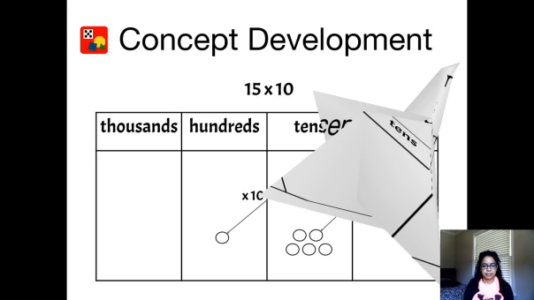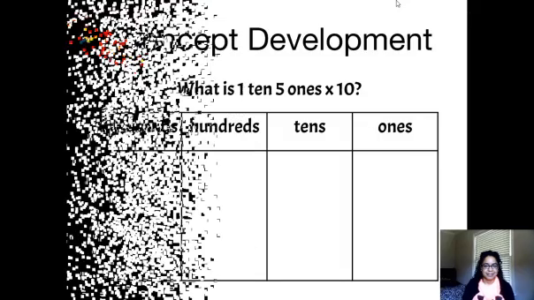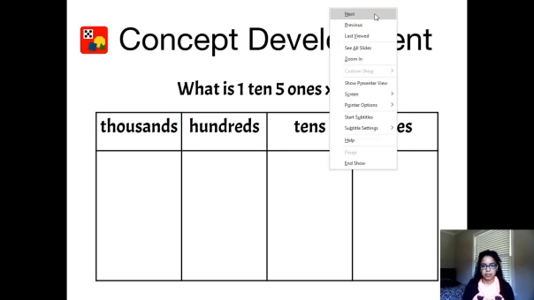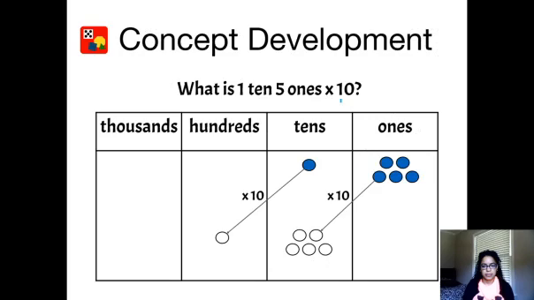And that's just a neater version of it. Alright, so what is 1 ten 5 ones times 10? Well, we just went over that. We said it was 100 and, is that what it is? Yeah, we did that. So 150. So we're not going to do that again. I think they were just trying to show you a different way that you can express this.